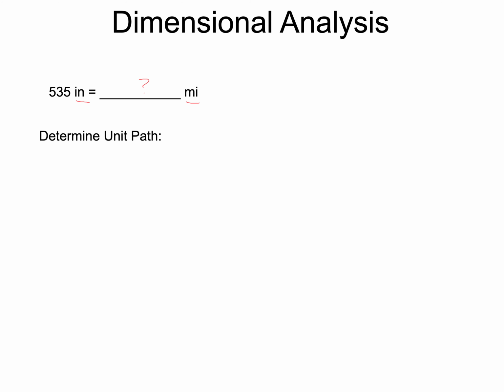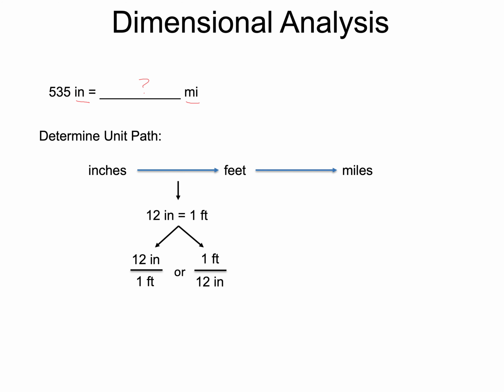First off, before we do this, let's determine our unit path in which we know conversion factors for inches to miles. There's a common conversion factor of inches to feet, and then a common conversion factor of feet to miles. The conversion factor for inches to feet is 12 inches equals 1 foot, and we will use them in the form of fractions.